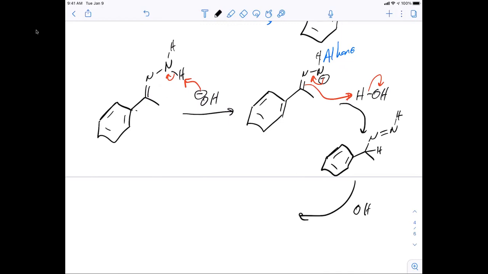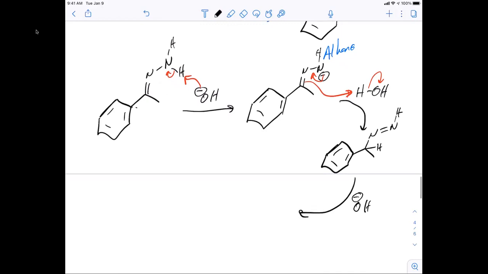And then we're going to get another proton transfer with the strong base, the potassium hydroxide. In this case, it's not a strong base, it's highly concentrated. So Wolff-Kishner is usually done in a highly concentrated solution. So very low pH. Okay, so that picks that up.